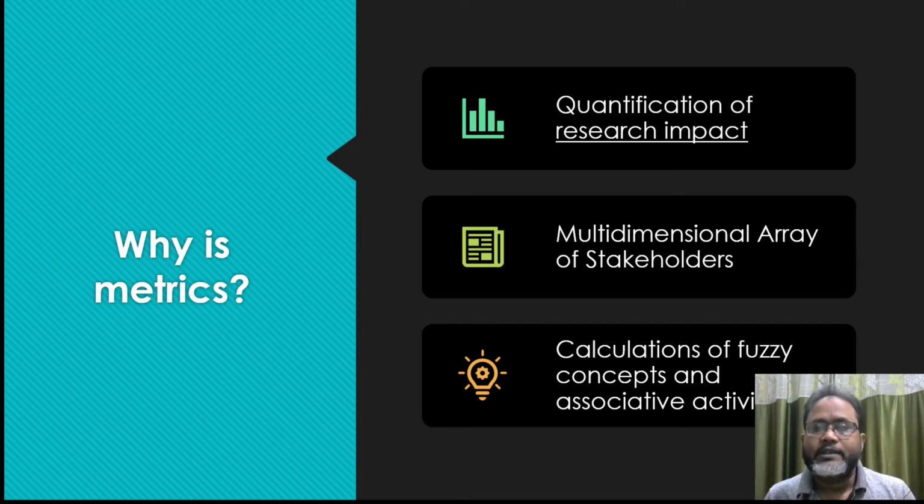And now see, why should we study metrics? First and foremost is the quantification of research impact. You have the quality to produce, but the question is how many good articles you have written. Quantification does not mean whether you have written 120 articles or 150 articles.